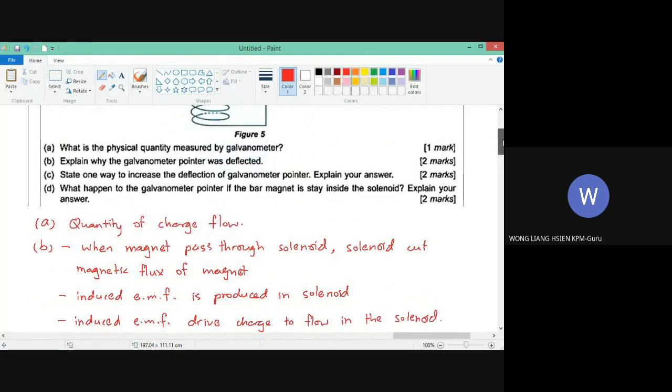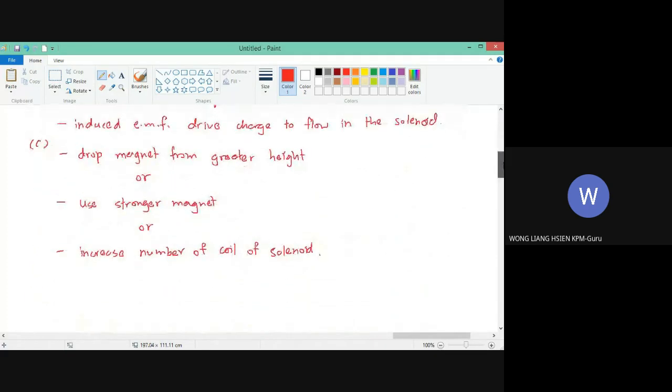And then we need to give explanation for each method. So drop magnet from greater height, solenoid cut magnetic flux at greater speed.